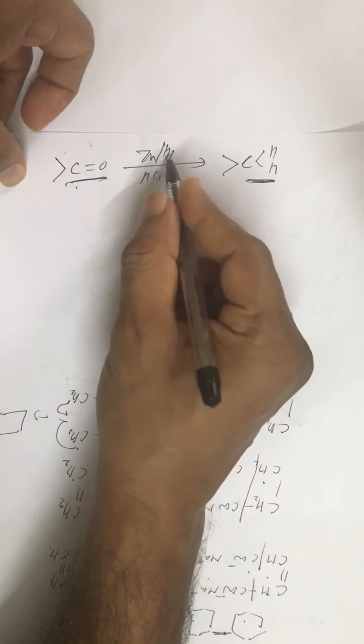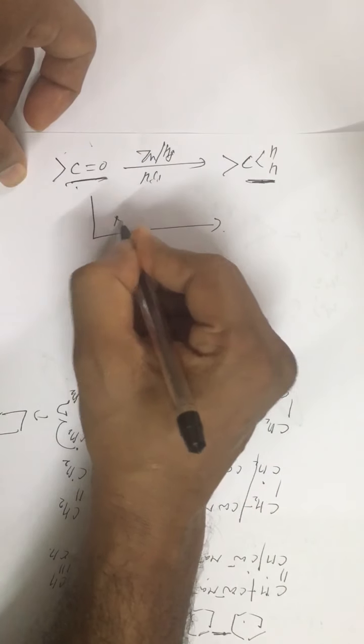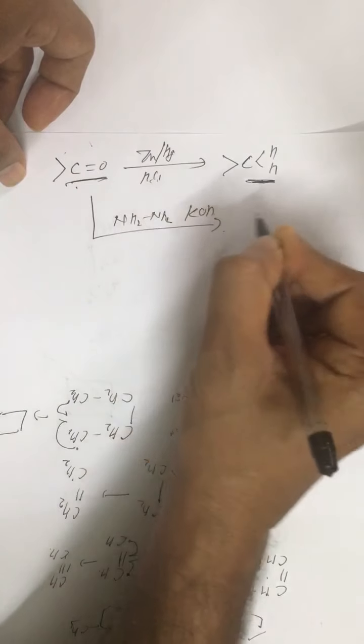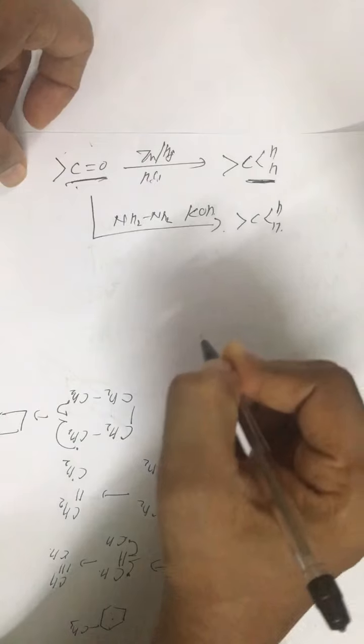So this is using zinc amalgam and HCl. Similar conversion can be carried out using hydrazine NH2-NH2 and KOH, and what you get is the same product, that is alkane.